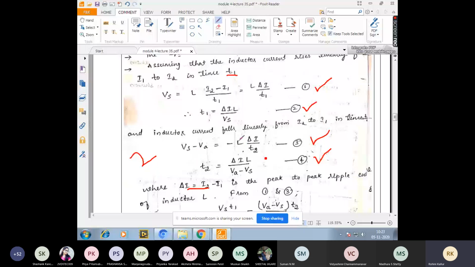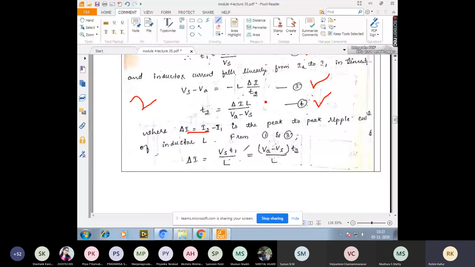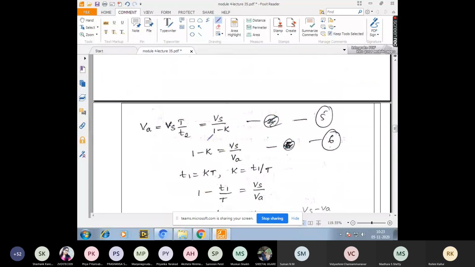So this will become Va minus Vs divided by L into T2. So we have Vs into T1 divided by L, which is equation number 1, and this is the rearrangement of equation number 3, which is Va minus Vs into T2 whole divided by L.